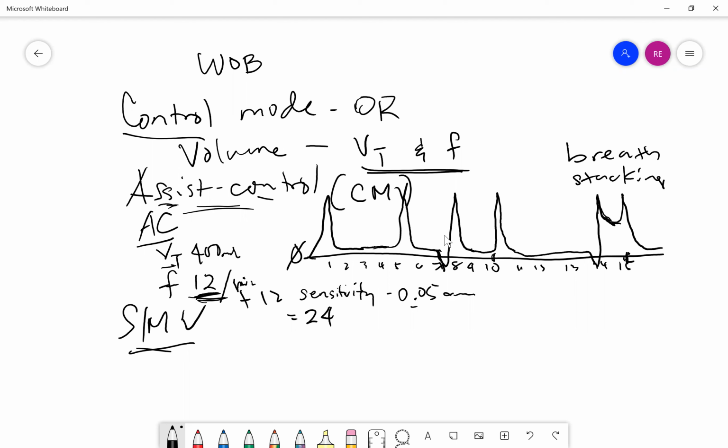You have one breath on top of another breath. That not only causes barotrauma, but also volutrauma. You have two breaths pretty much almost on top of each other. So this is another disadvantage of this mode.